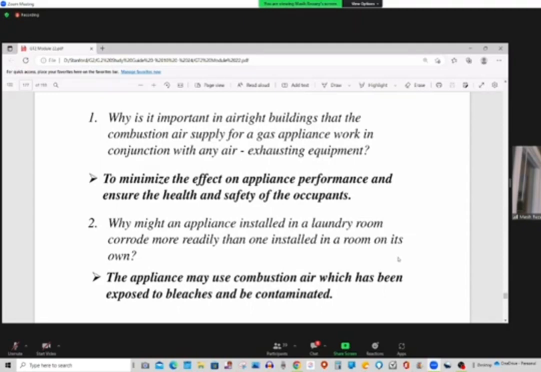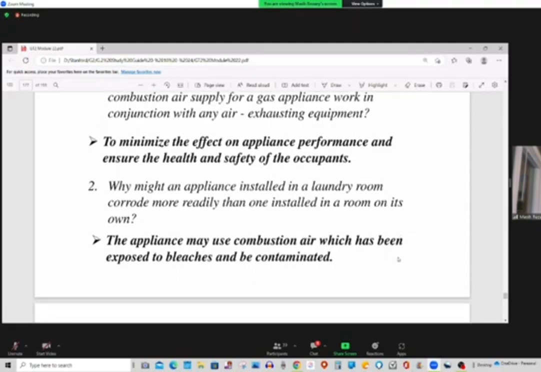Okay. Would you go number 2, please, Mr. Victor? Number 2, why might an appliance installed in a laundry room corrode more readily than one installed in a room on its own? The answer is the appliance may use combustion air which has been exposed to bleach and be contaminated.